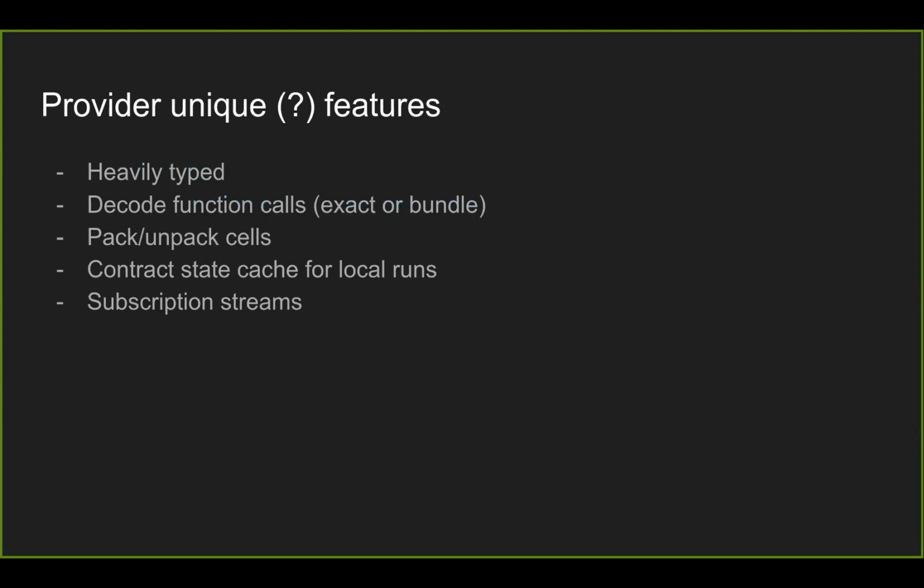contract state updates. The provider's maybe unique feature is that it is heavily typed. The ABI can be declared as a const value, and all wrapped stuff will have suggestions on the method calls, and it will be compile-time checked, so there will be fewer errors in the production code.